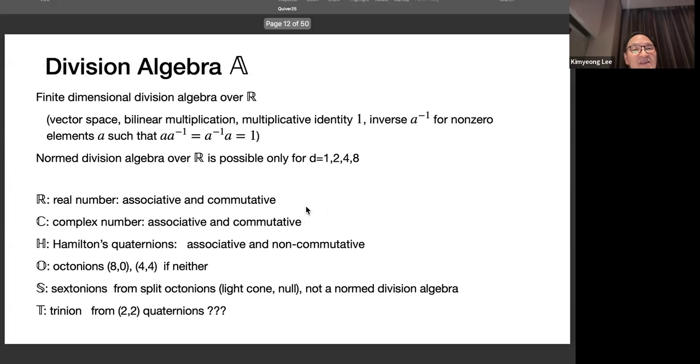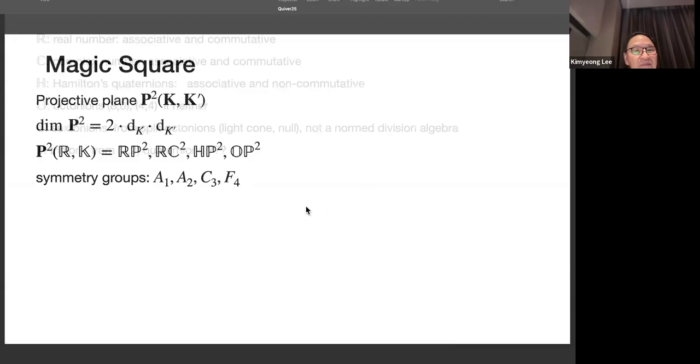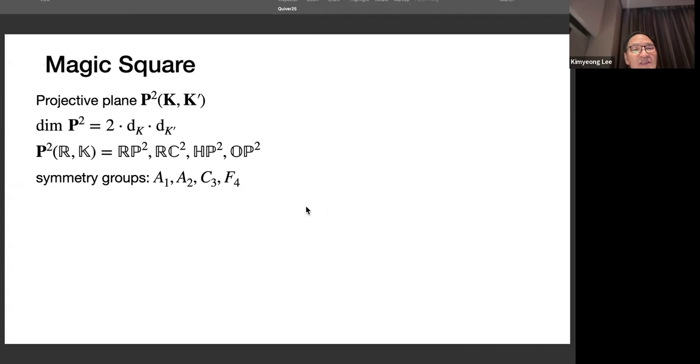Now, for some reason, mathematicians have been studying the projective plane specified by division algebras.